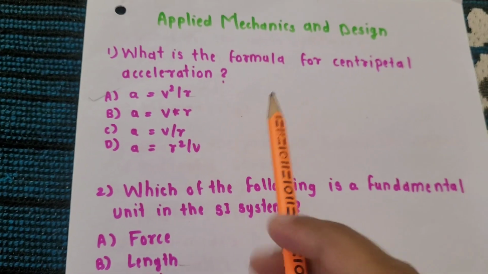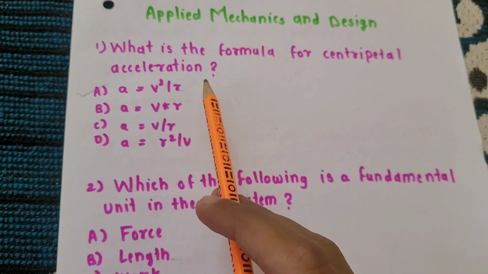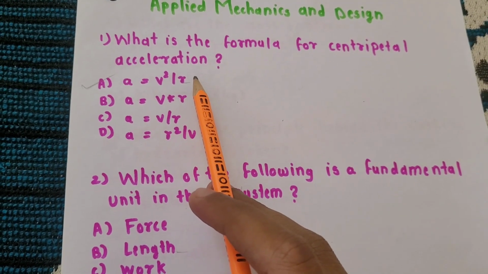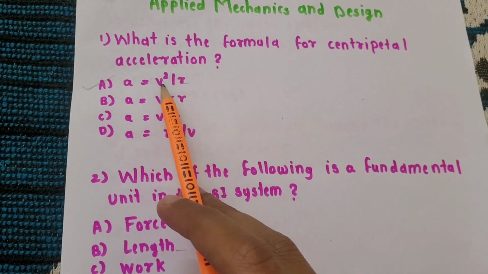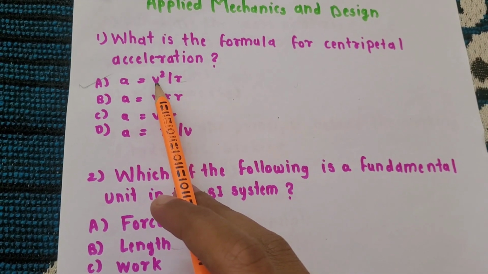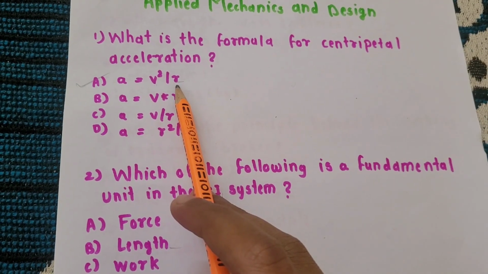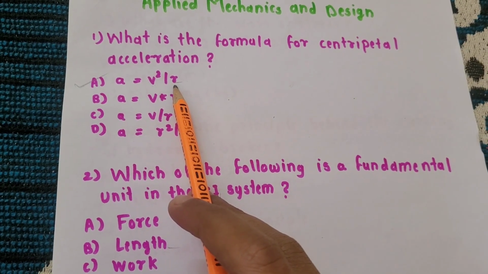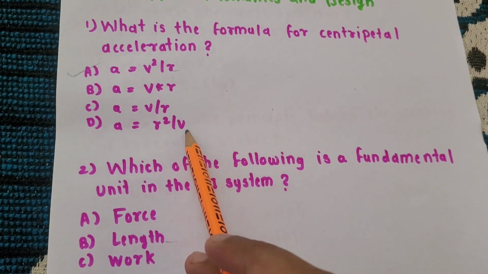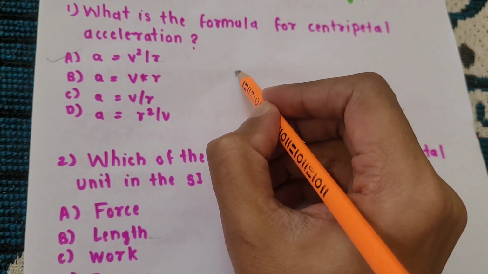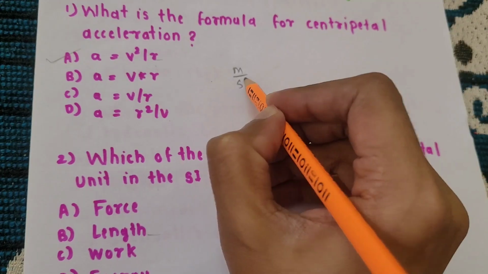And if you don't know the formula, you can still solve this question by looking at the options. If you do the unit conversion, velocity is meter per second, and the square of the velocity is meter square per second square, divided by meter, so you will get the acceleration unit, meter per second square. Among the other options, none has the unit meter per second square.